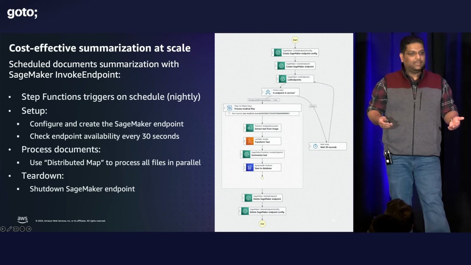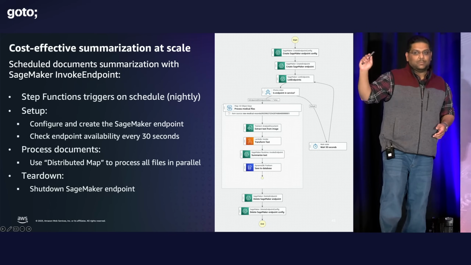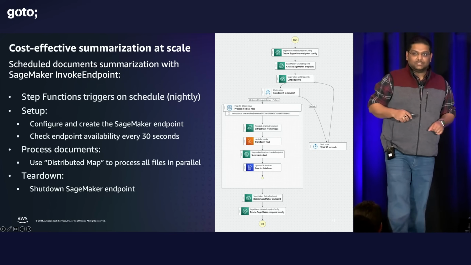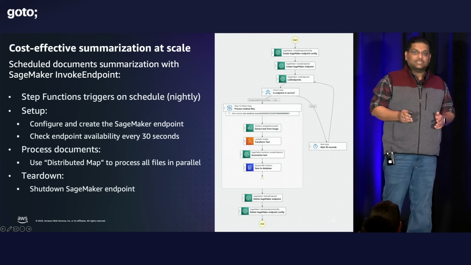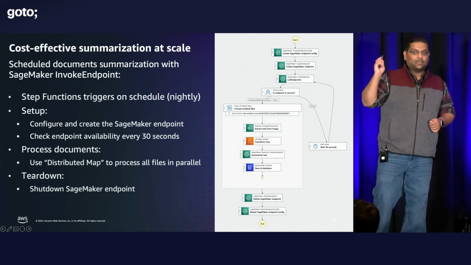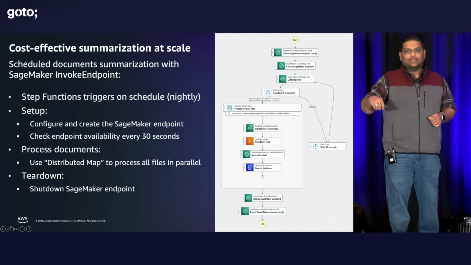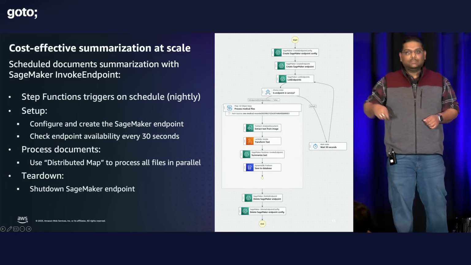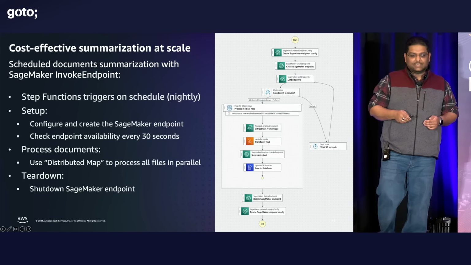If it is available, then I can use the distributed map capability. If you've attended the previous session, distributed map is a cool feature in Step Functions. I would highly encourage you to check that out. And you can call AWS SDK integrations, like calling Textract directly, calling SageMaker invoke endpoint directly, and other config endpoints directly. And you can run document processing or document summarization at scale.